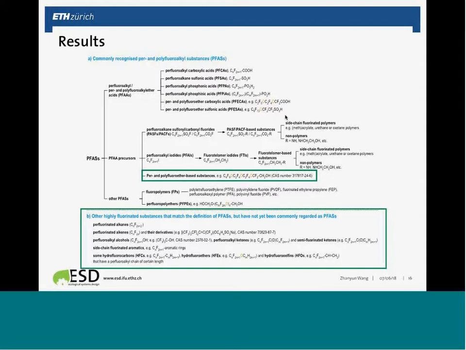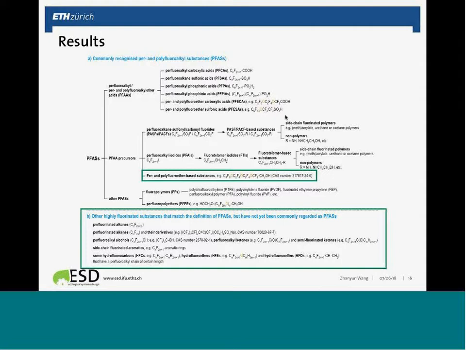We have also identified many other new groups, for example side-chain fluorinated aromatics, and some perfluorinated alkenes and derivatives. So these we may also need to look into more in the future.